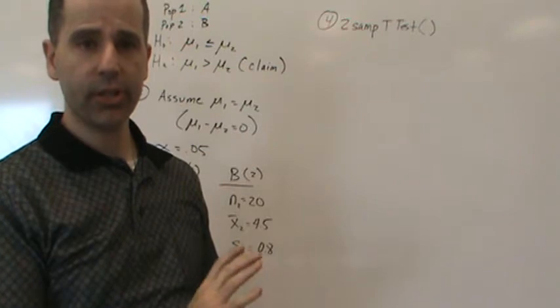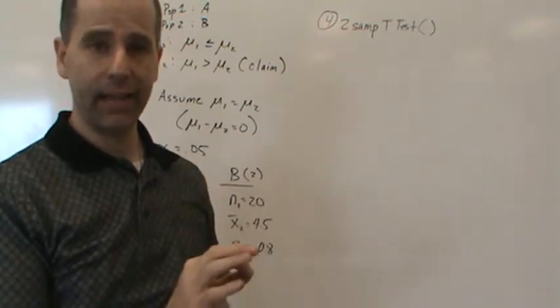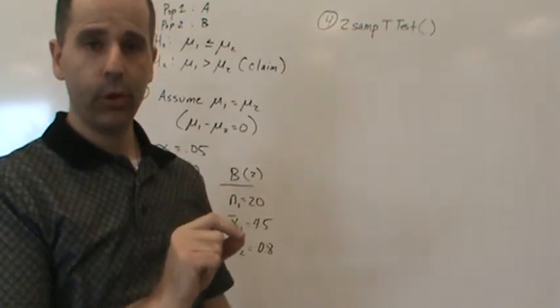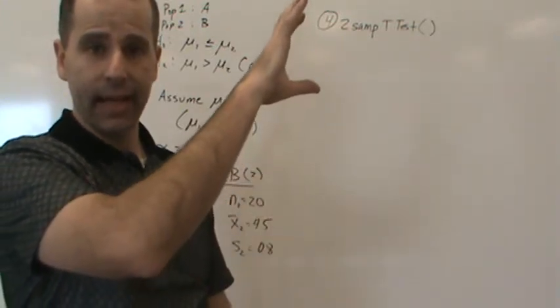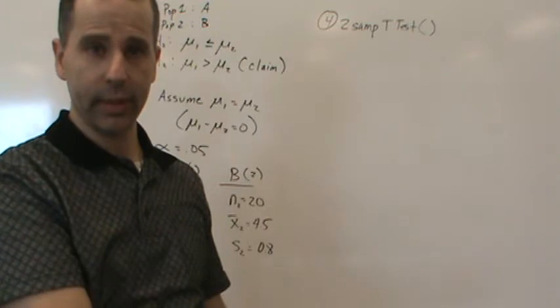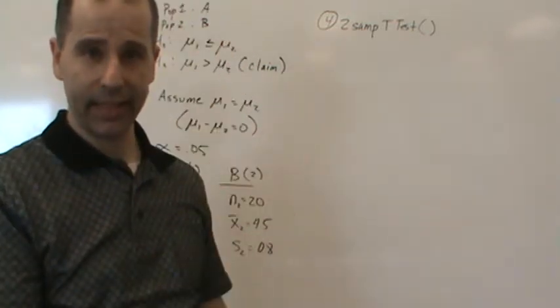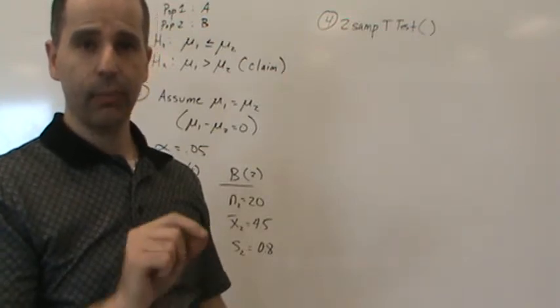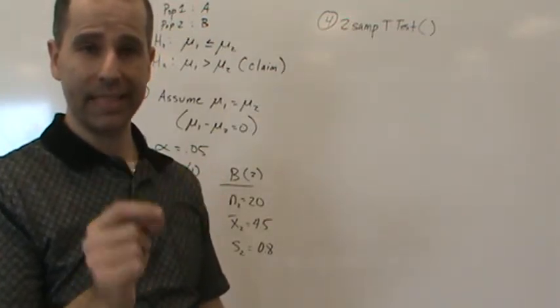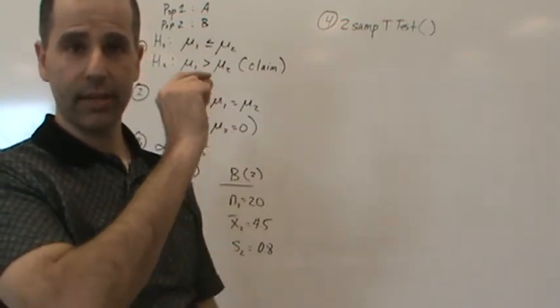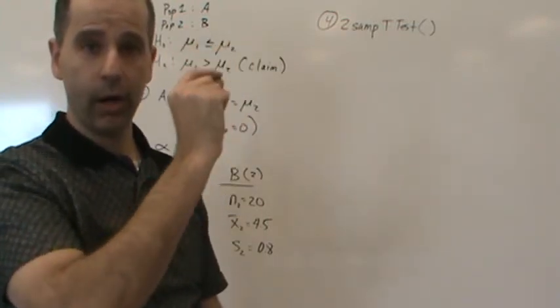Okay. But understand that if you're given data, you would be given data for 2 samples. And what you would do is put the data for the first sample into one list, put the data for the second sample into the second list, and then, for the 2 sample t-test, you would just tell the calculator where your 2 lists are.